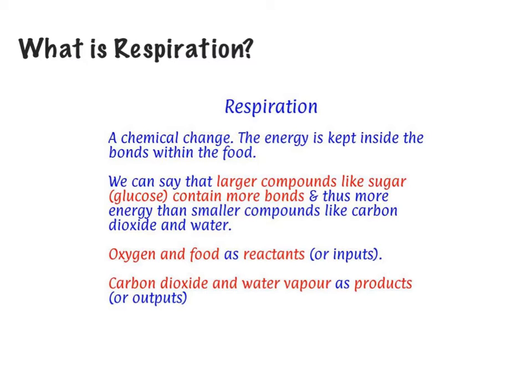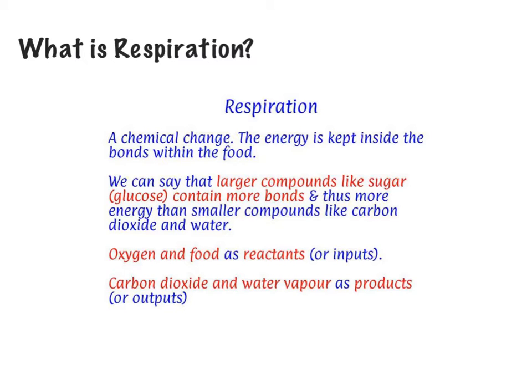Alright, so we learned in our last one that what we need to have the chemical change occurring is called reactants, or inputs if you like, and I'll put those both in there. And what we make is the products or outputs.